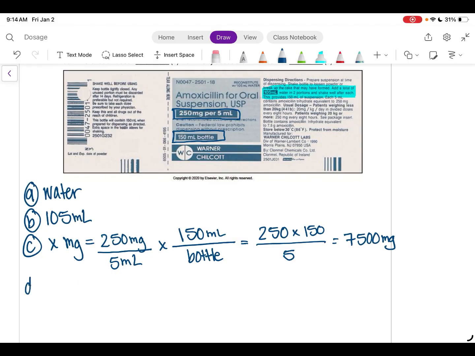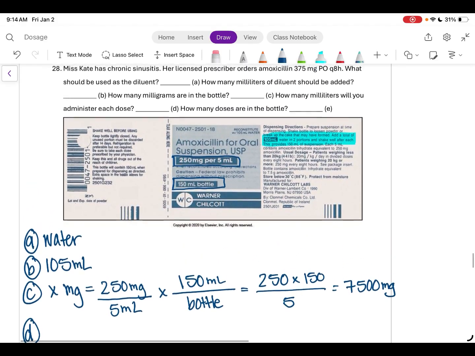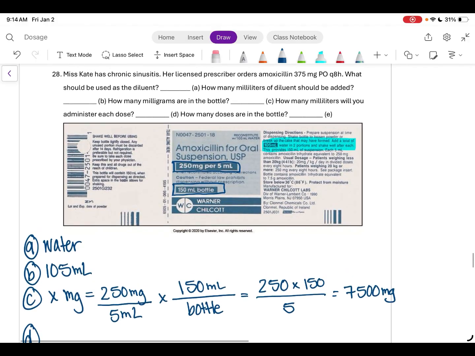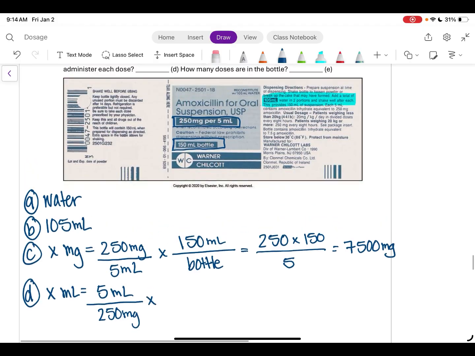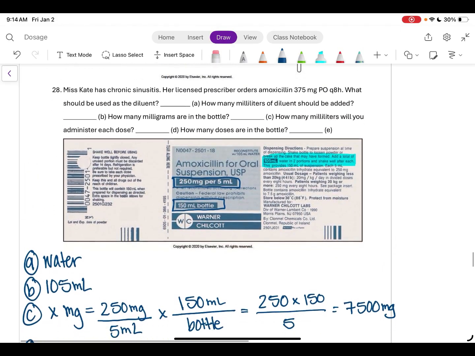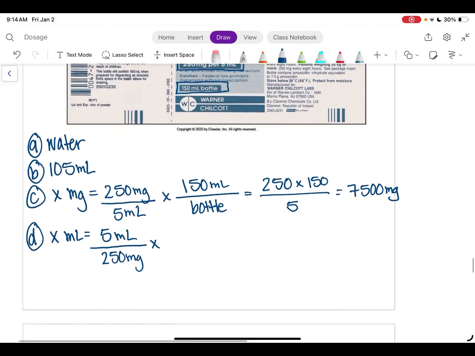Okay, let's move down. So D. D is asking us how many milliliters will we give with each dose, right? So X ml, right, as we've been doing, again, our concentration is available to us. I'm just going to write it upside down. 5 milliliters is 250 milligrams, right? What's our order, right? It's up here, 375.